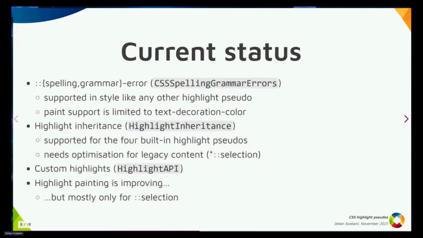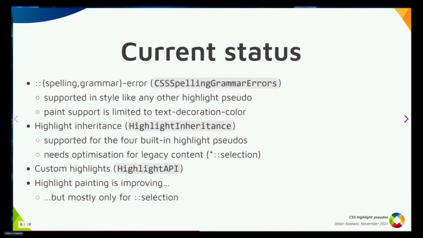So that's how the highlights are supposed to work. Where we're at currently is we've got spelling and grammar error under the CSS spelling grammar errors blink feature. These are now supported in style, just like any other highlight. However, being supported in style doesn't actually mean too much. It only really means that you can use those selectors in your style sheets and not have an error.